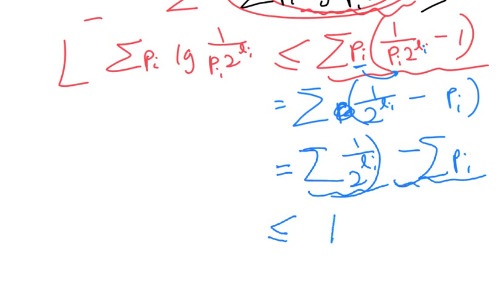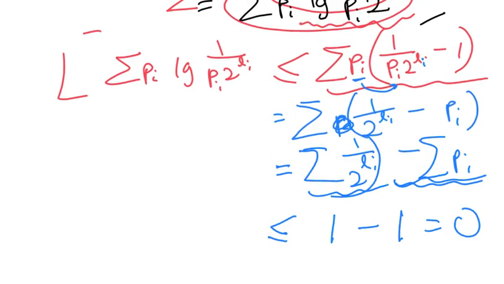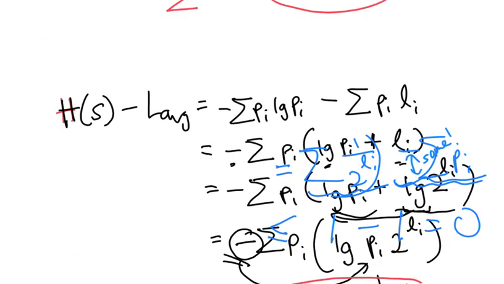So in other words, 1 minus 1, we get 0. And going back to the start of this derivation, it means that HS minus L average is less than or equal to 0.